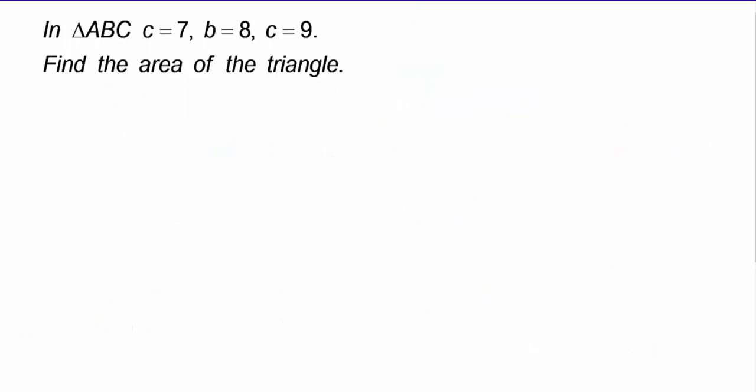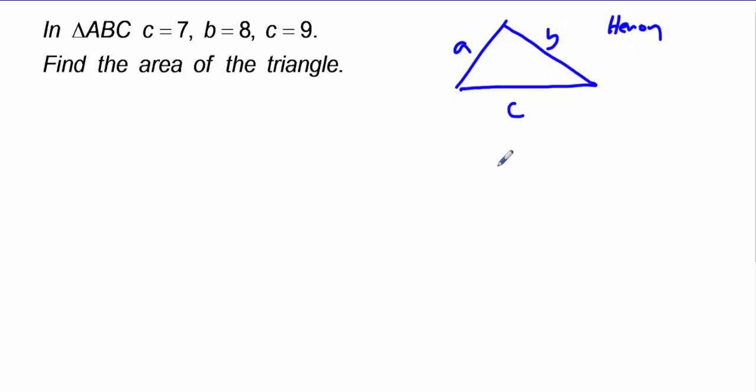Next, we want to find the area of a triangle given 3 sides. Now, there's a special formula for this. If we remember back in the day, given 3 sides of a triangle, there's this guy named Heron. And he talked about having 3 sides to a triangle and finding the area. Talked about something called a semi-perimeter.